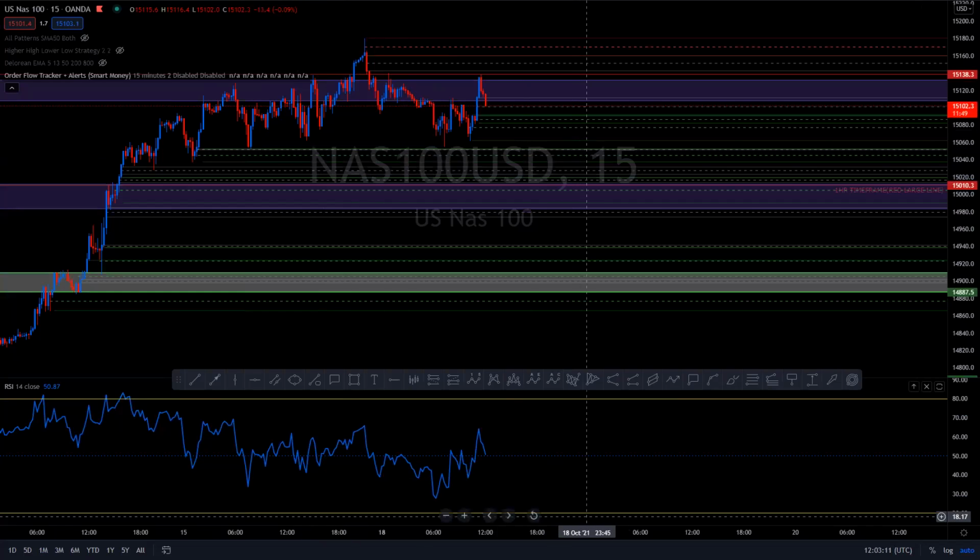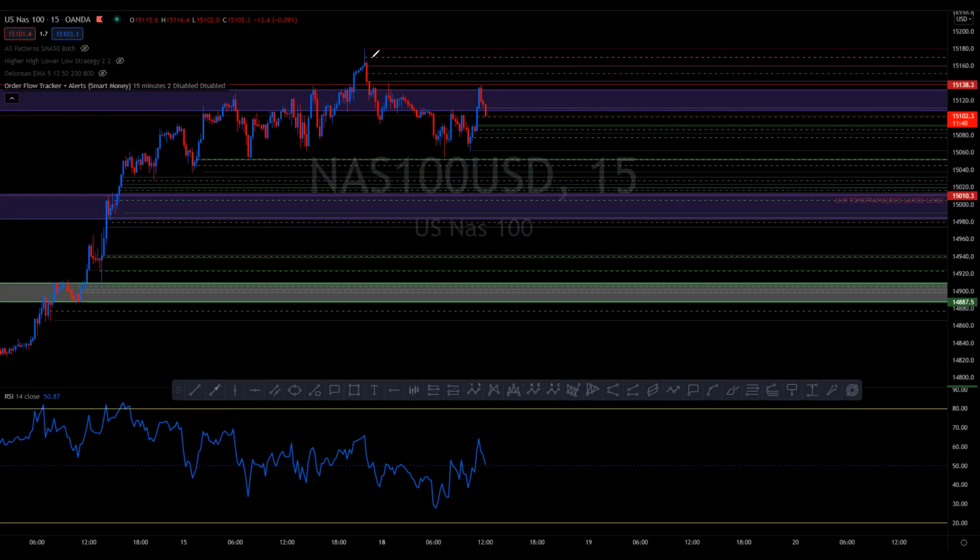Now, just to give you a little background, whenever the institutional banks do a buy or sell order, which is an order block, it forces price to go down, but they also force price to go back up in order to fill in the imbalance that their orders create.